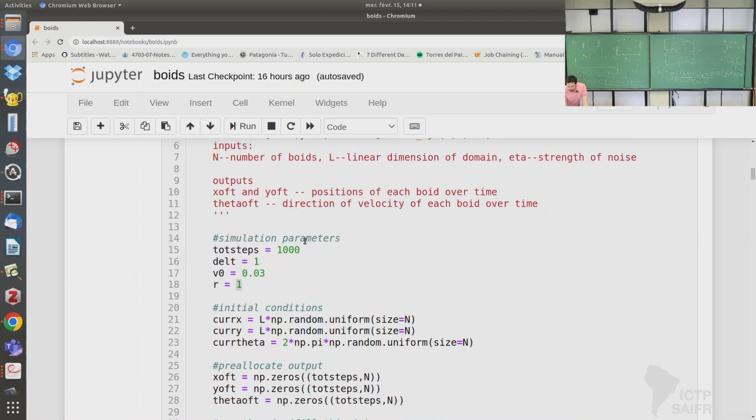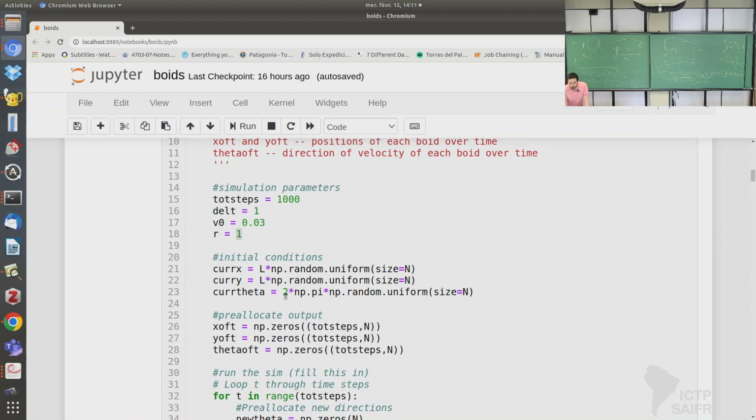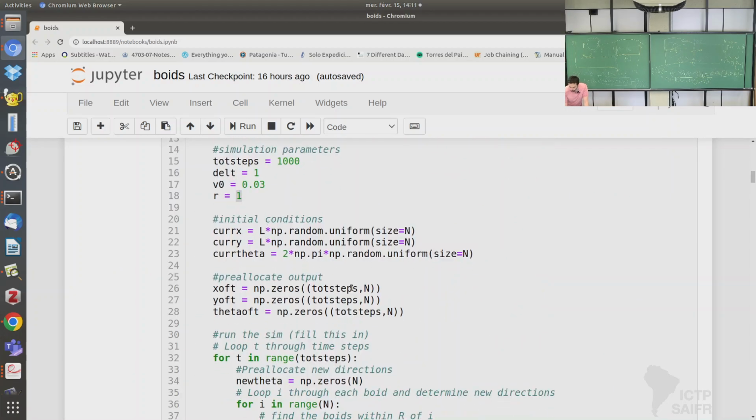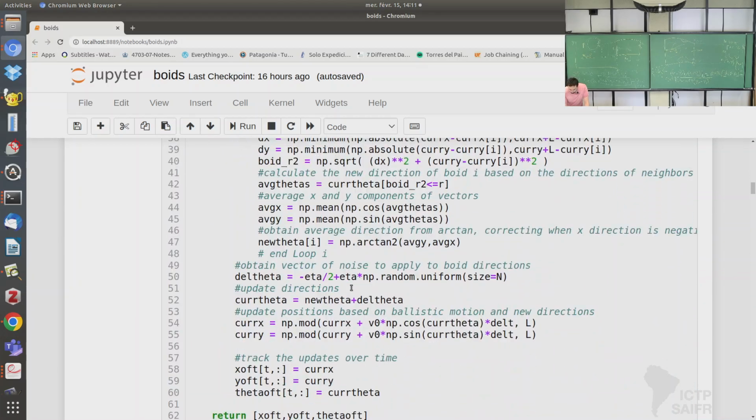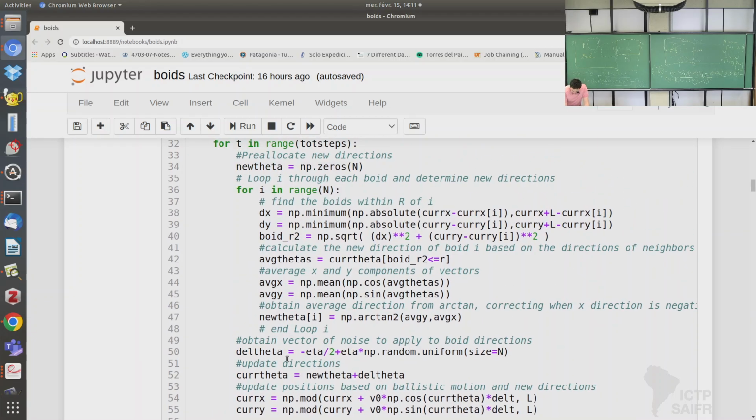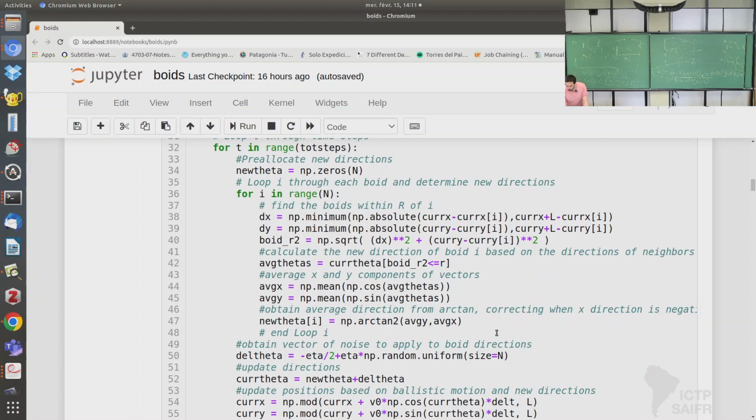So okay, this is Python, but hopefully people coding in R can still appreciate it or follow. So okay, this is the function we just discussed.